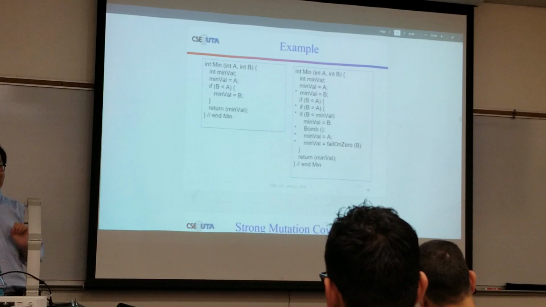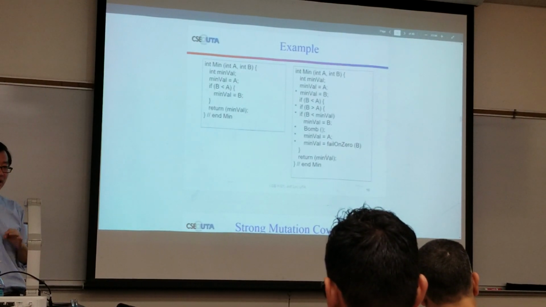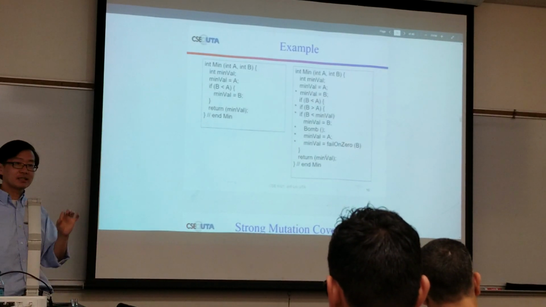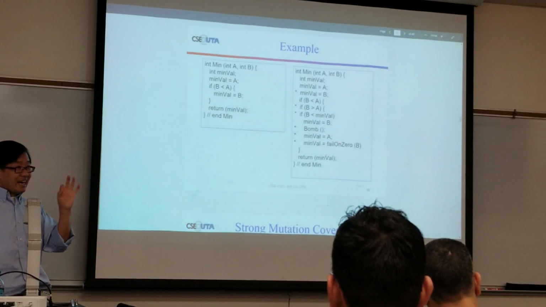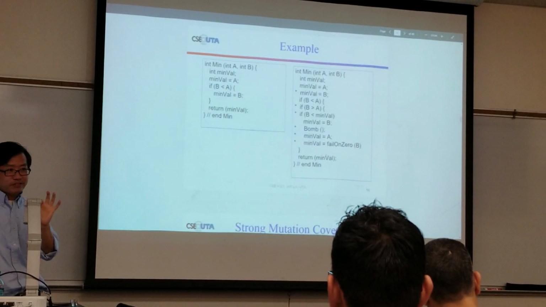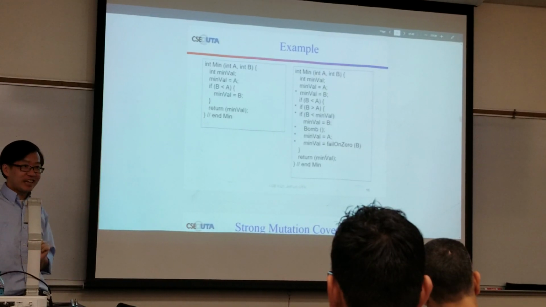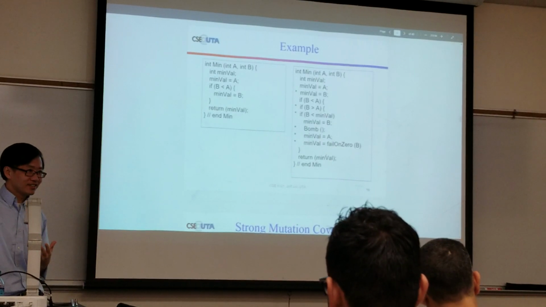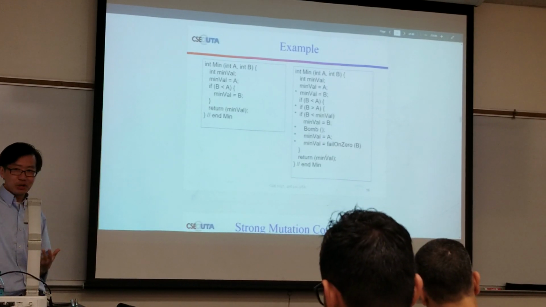So the important finding that enables mutation testing to do the evaluations is that if a test set is effective to detect first order mutants, it's likely to be effective to detect higher order mutants. So that's a foundation principle of mutation testing.